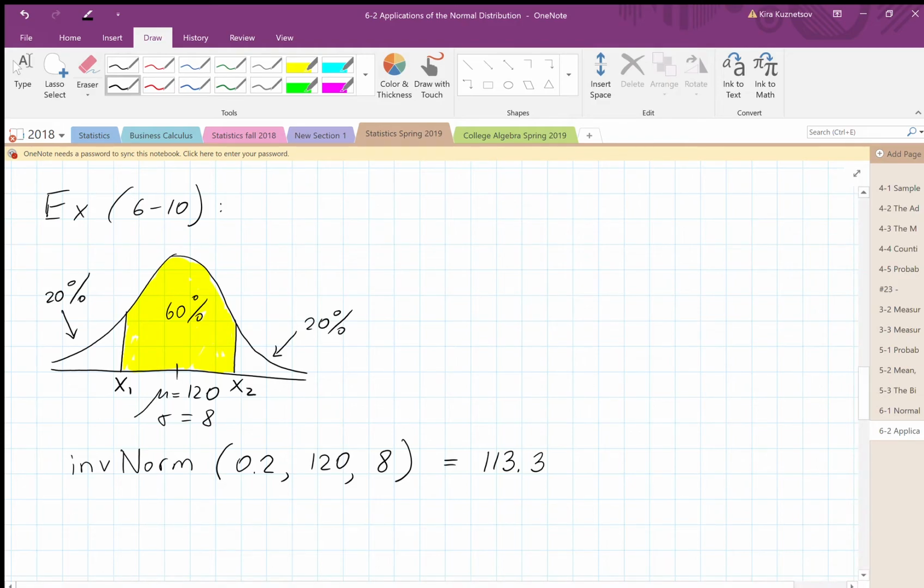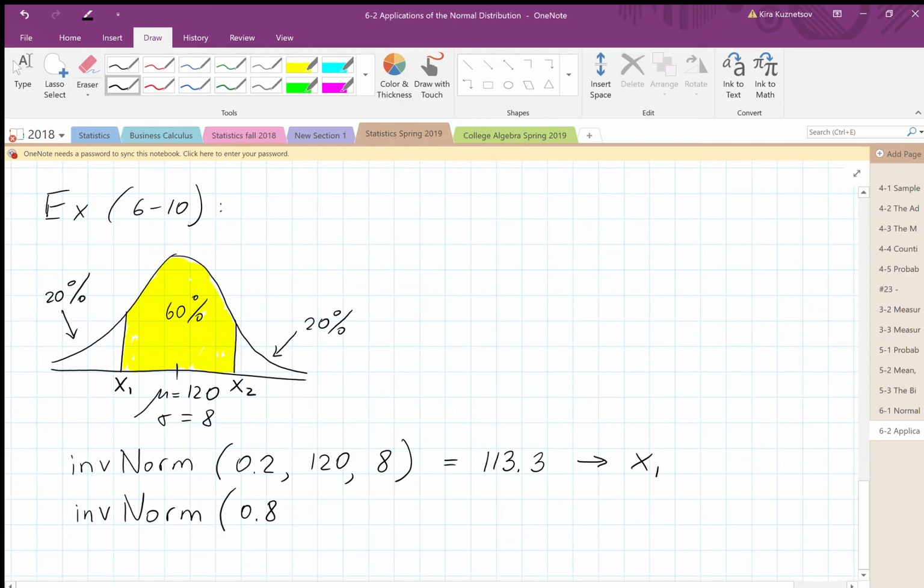In order for me to find x2, I need inverse norm. And in order for me to separate the top 20%, that means that on the bottom I have 80%.